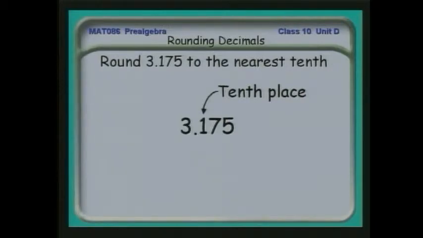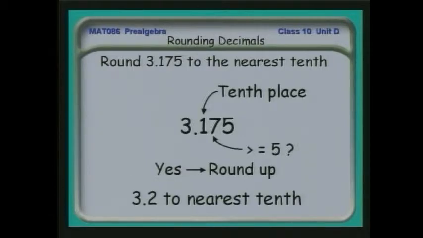Then we would look to the right to see whether the number immediately to the right is 5 or greater. If it is, we round up, and when we round up, we change the number at the place we're rounding to the next highest number, and then drop all the numbers to the right of that.